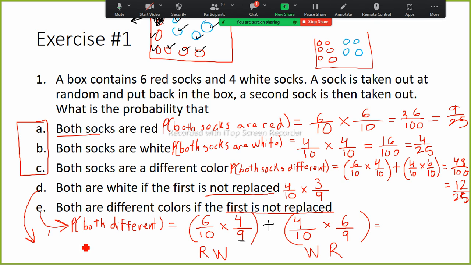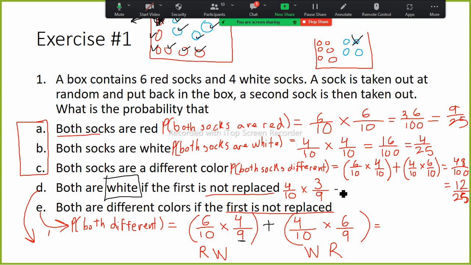Okay, so remember, we're going to take out a white. So let's take out this white. We're not going to replace it. So that means that we had 4 to choose from out of this 10 for the first one. So 4 out of 10. Now, when we go back to take out the next white, we only have 3 whites to choose from, right? And remember, we do not replace the same white, so it's going to be 9 in total. So it's 3 whites and 6 reds.